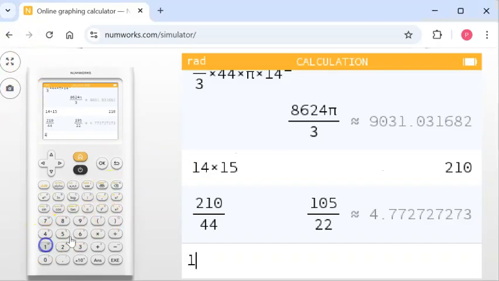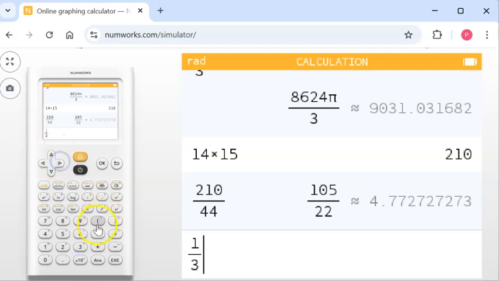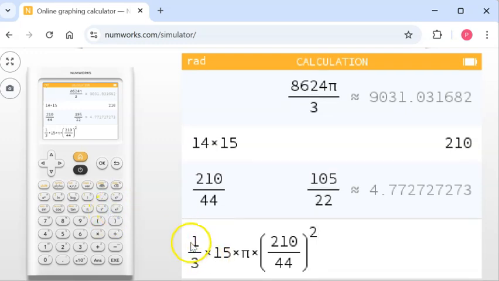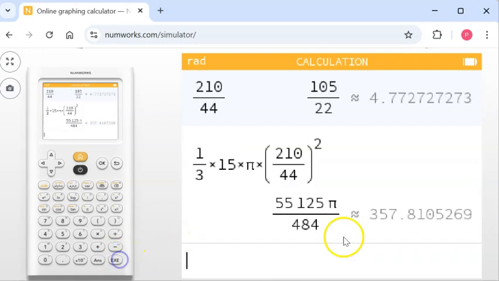So we'll do 1/3 times 15, which, by the way, 1/3 of 15 is 5. So this really is 5, but we're going to key it in as the whole formula. Times pi times, and what do we have here? 210 divided by 44. Okay, close. And now times, oh, we got to square it, sorry, squared. There we go. So look, 1/3 height times pi times radius squared.